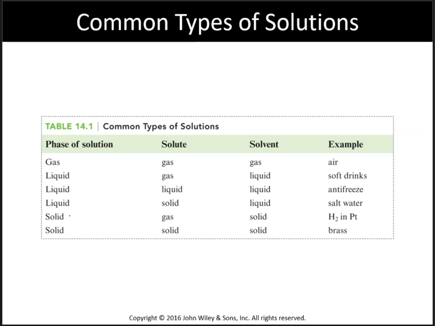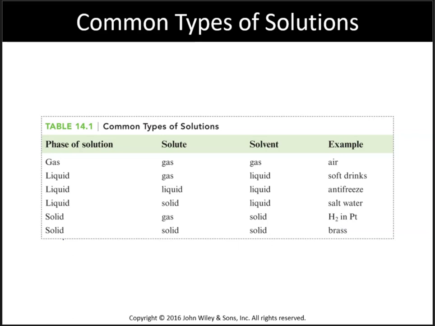Now solutions are found in a solid phase too. In a solid phase, there are two types of solutions you can have, either gas and solid. An example is hydrogen in platinum. These are solids or compounds that are used in hydrogen fuel cells, for example.